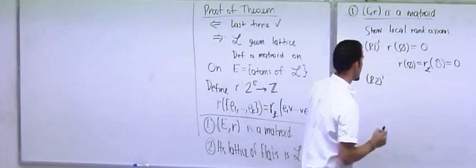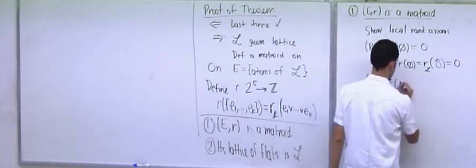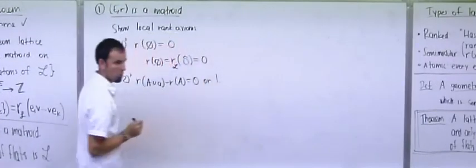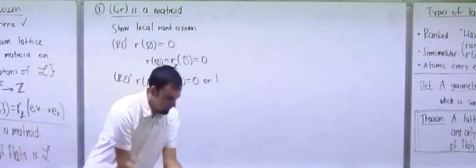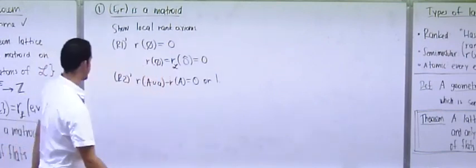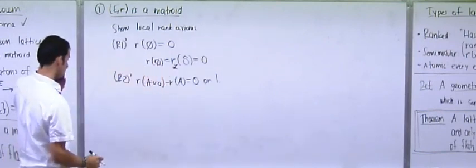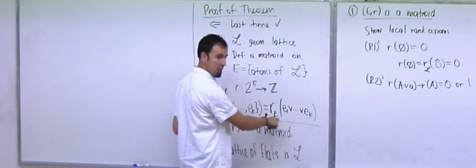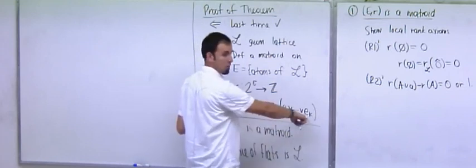The second rank axiom says that rank of A union a minus rank of A is 0 or 1. Okay, what is the rank of A? The rank of A as a set is the rank in the lattice of the join of the atoms in A. So let me give that a name.